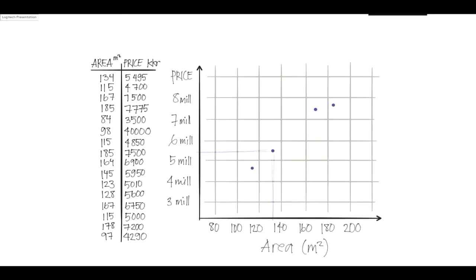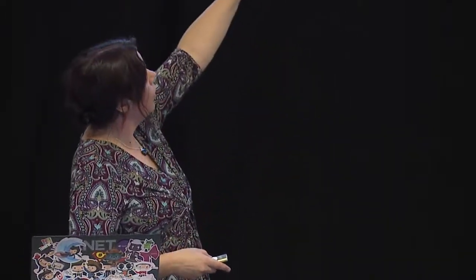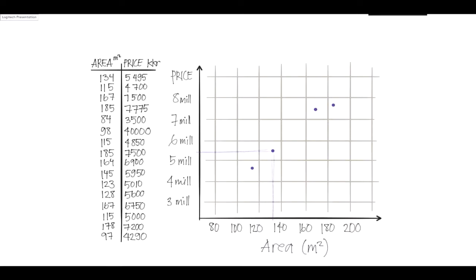The first thing we do after collecting the data is to analyze it and find relationships between features. Features are the input values, like the area in this case, or does it have a pool, or what's the quality of the house, location, all that stuff. And then we plot it, so you can see here 134 was 5.5 million. We plot all the data, and then we end up with something called a scatter plot.